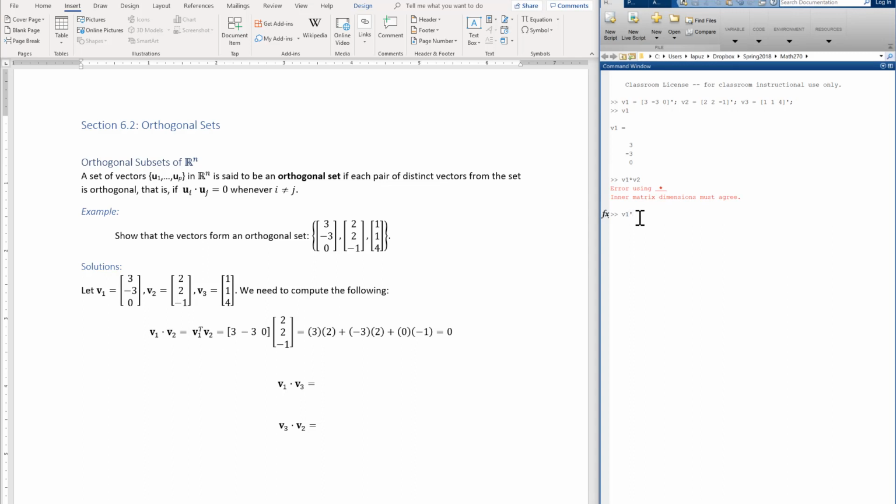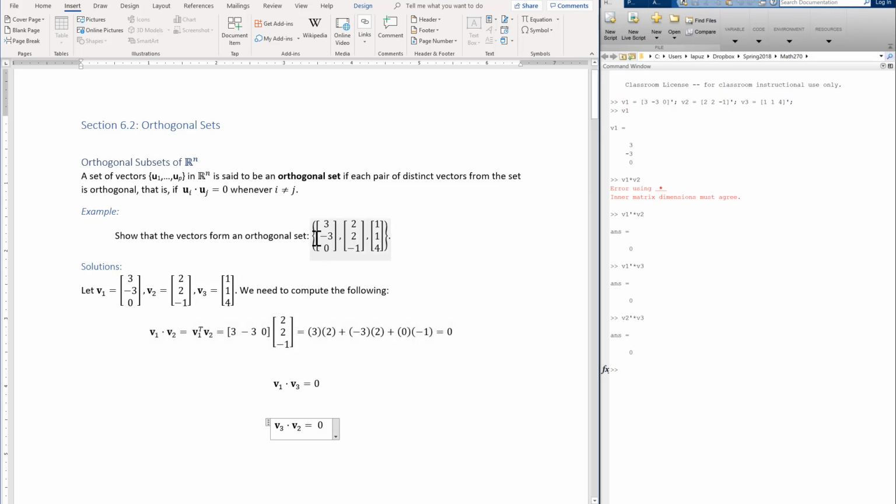Remember, the transpose is an apostrophe, and then multiply it times v2, and here we get 0. So if we do the same thing, v1 transpose times v3, we'll check that that's also equal to 0, and v2 transpose times v3 is all going to be 0. And if you switch the order, it's still going to be zeros.